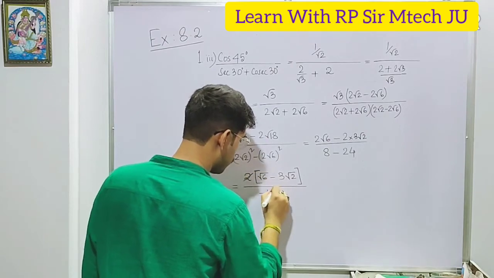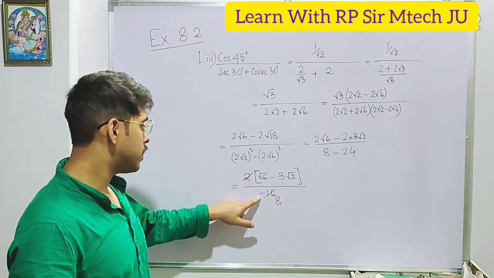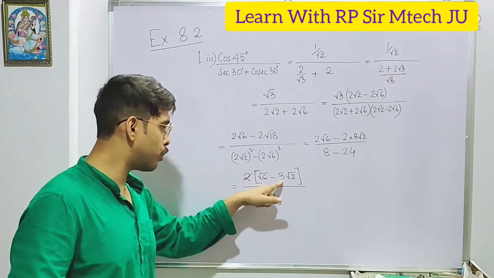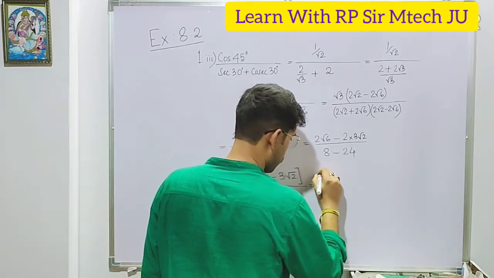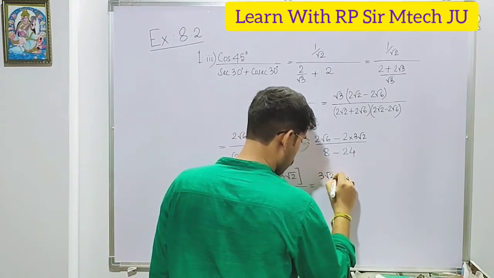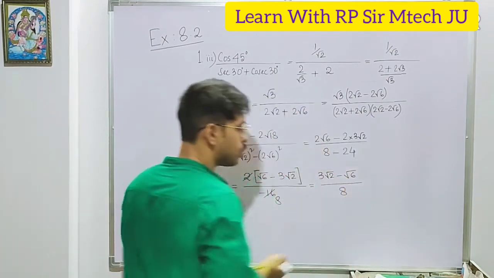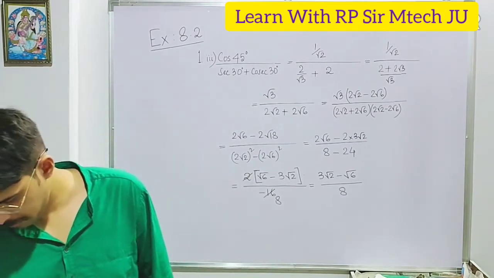So we can cut this with 2, we can make it 8. And since this is a minus, if I take the minus here, it will be just reversed. So it will be 3 root 2 minus root 6 by 8. Final expression, 3 root 2 minus root 6 by 8. So this is the final expression for this particular question.